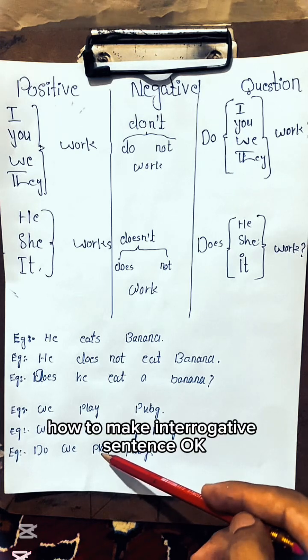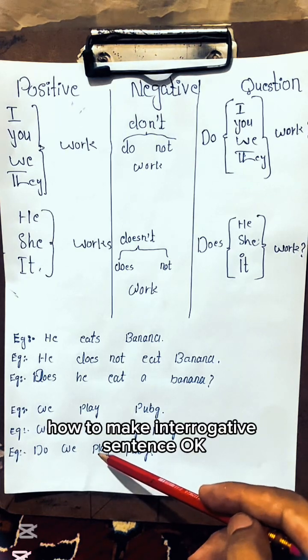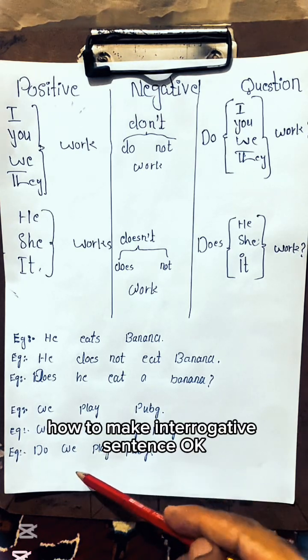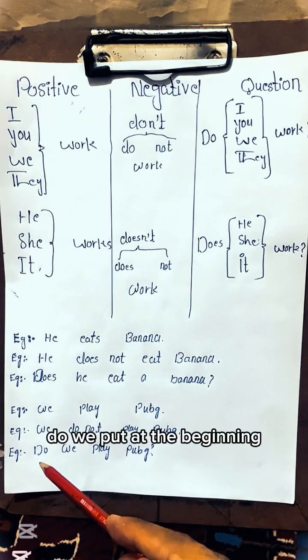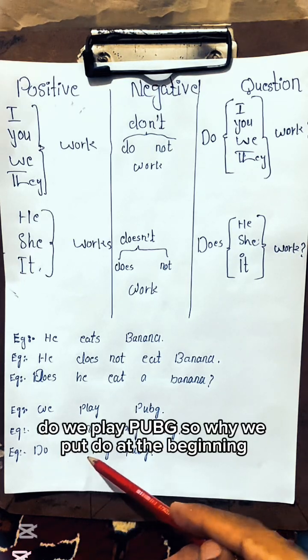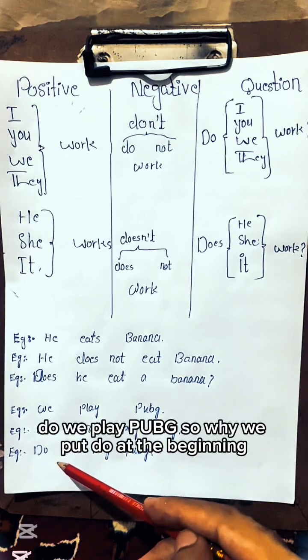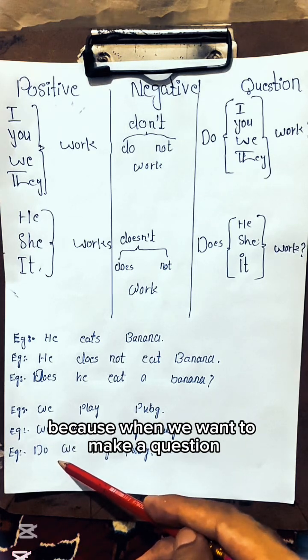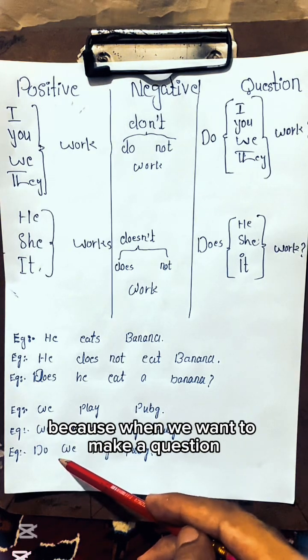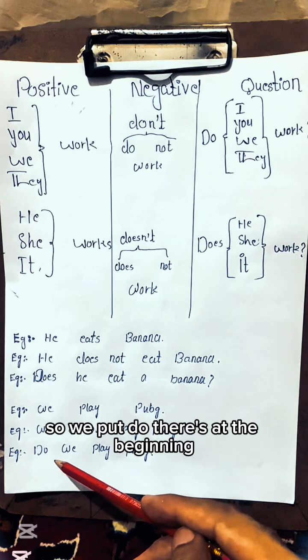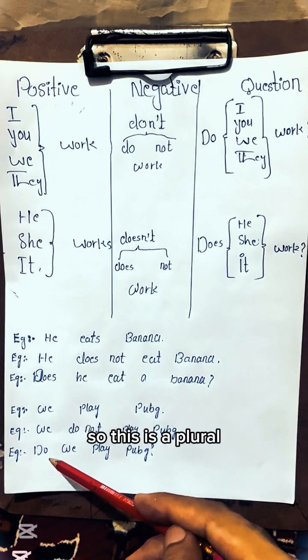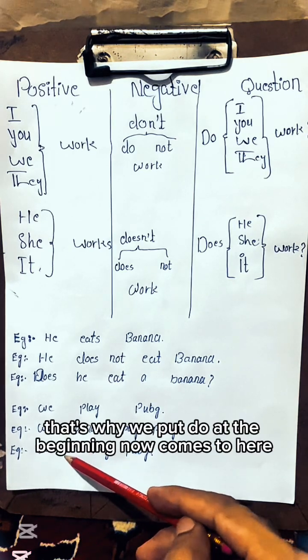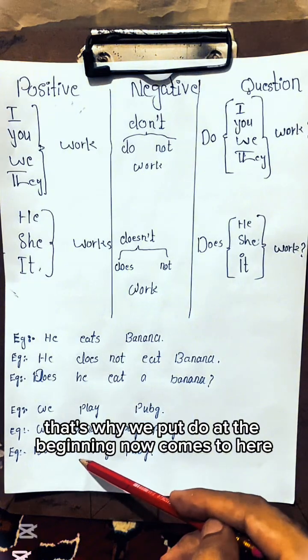How to make an interrogative sentence? Do we play PUBG? So why do we put do at the beginning? Because when we want to make a question, we put do or does at the beginning. This is plural, that's why we put do at the beginning.